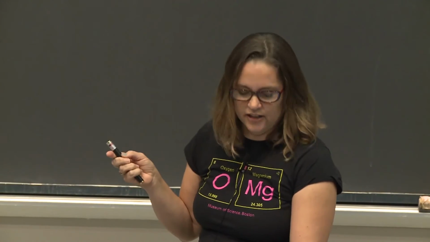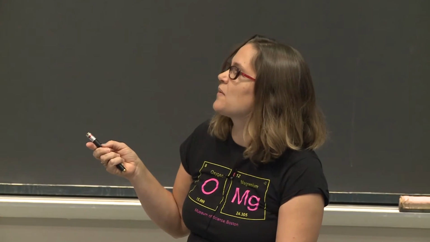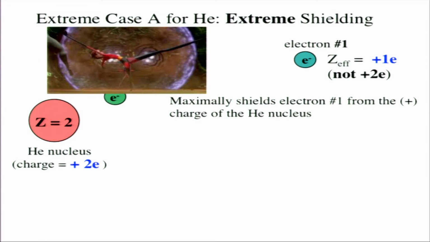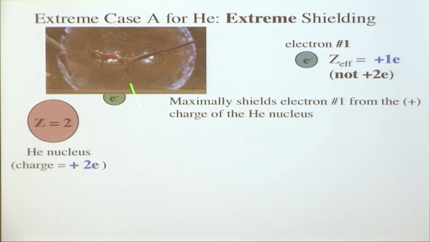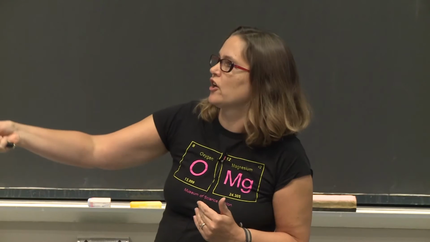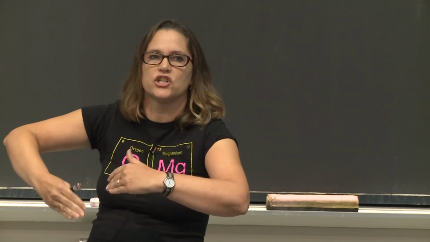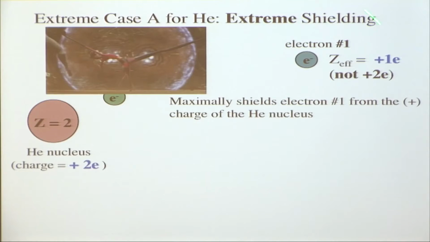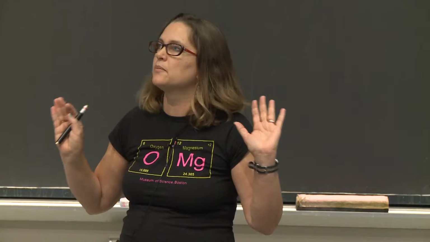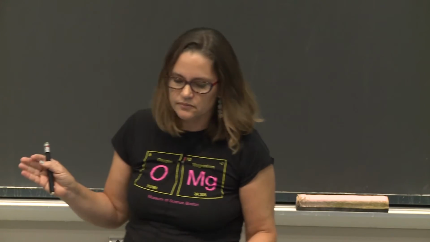So in that kind of exaggerated case, the Z effective is not 2, it's 1. So this electron basically cancels the whole positive charge of this nucleus. And so this is the effective charge with total shielding, maximal shielding that you can get.